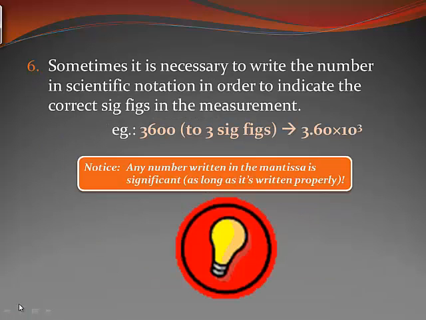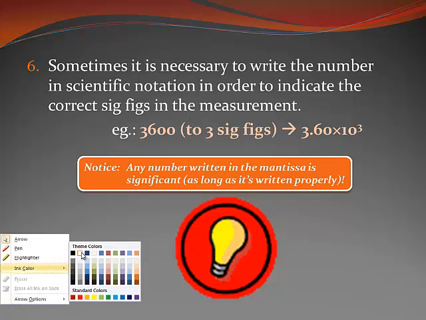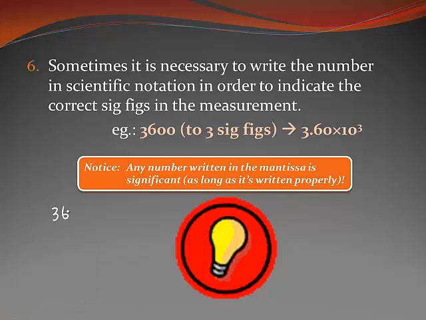Sometimes it's necessary to write the number in scientific notation in order to indicate the correct number of sig figs in the measurement. 3,600, for example, as it's written, 3600, has 2 sig figs because these zeros are placeholders, not significant. So that's 2 sig figs. If, however, we write 3600 with a decimal place, that's 4 significant digits.